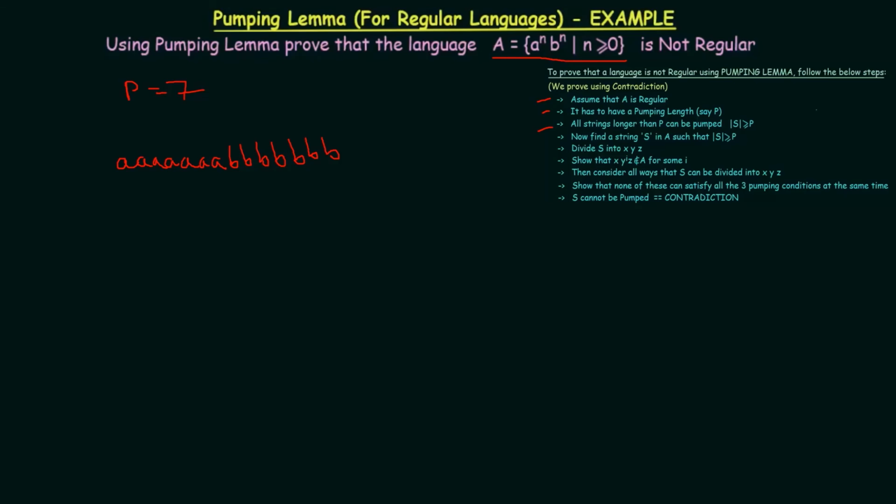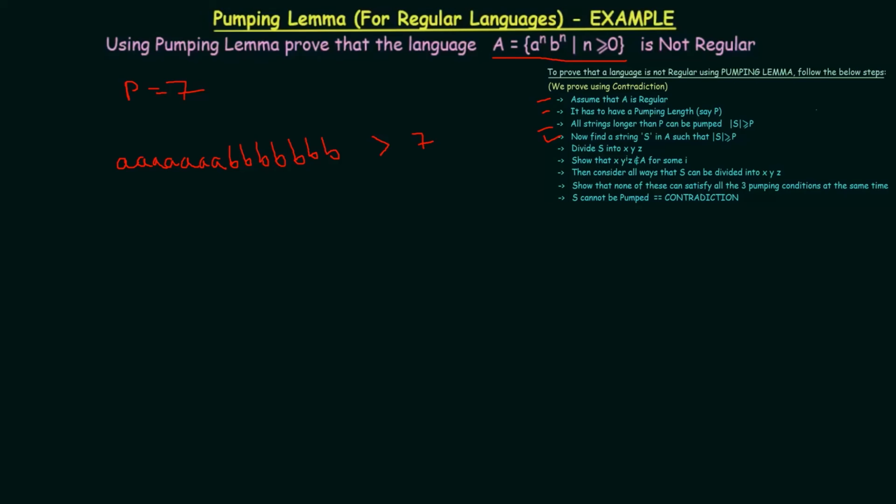Now find a string such that the number of A's is greater than or equal to B's. Obviously it is not less than 7. Divide S into XYZ.